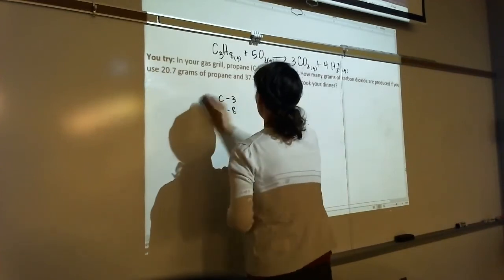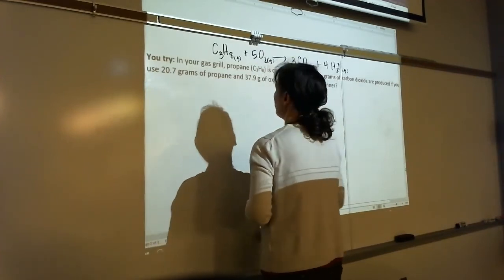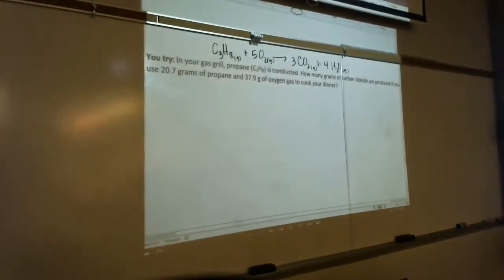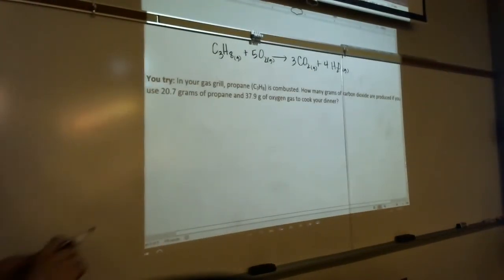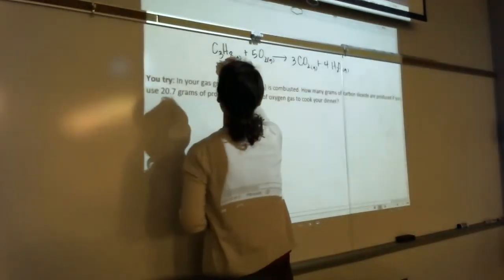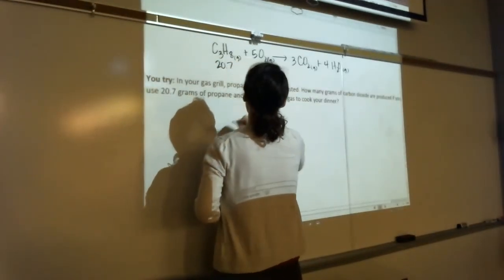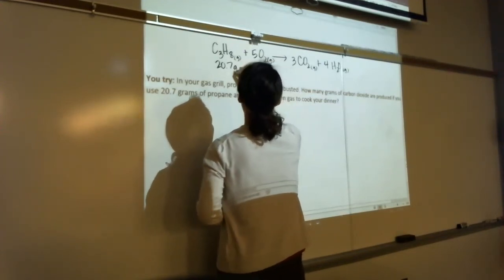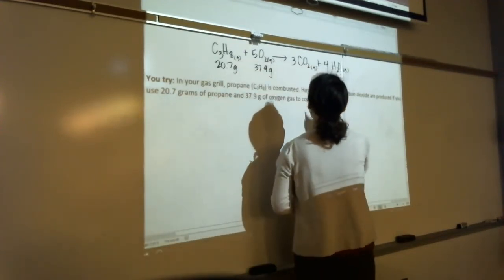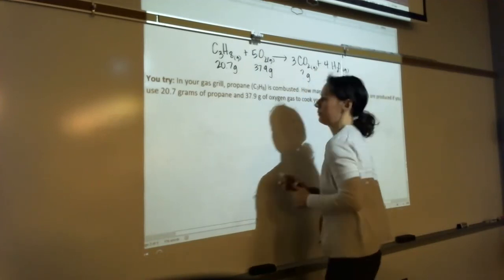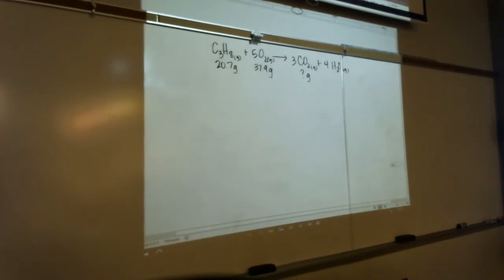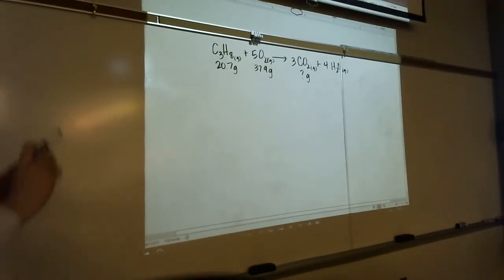All right. So the problem says, move this down so I've got room to write. 20.7 grams of propane and 37.9 grams here of oxygen, and I want to know how much CO2 this is going to generate. All right. So let's do our calculations twice, right?